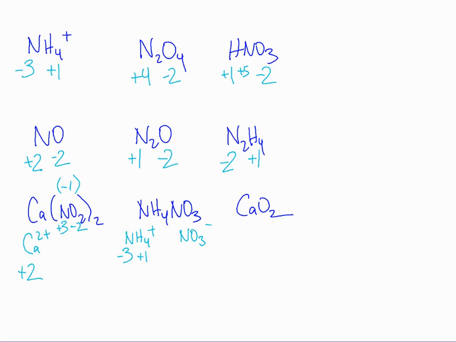It's a good possibility. So each oxygen should be -2. Charge of the compound is -1. 3 oxygens with an oxidation number of -2 is -6, which means nitrogen needs to be +5.